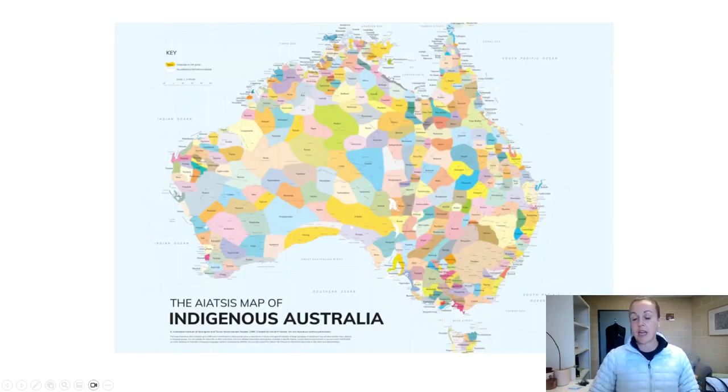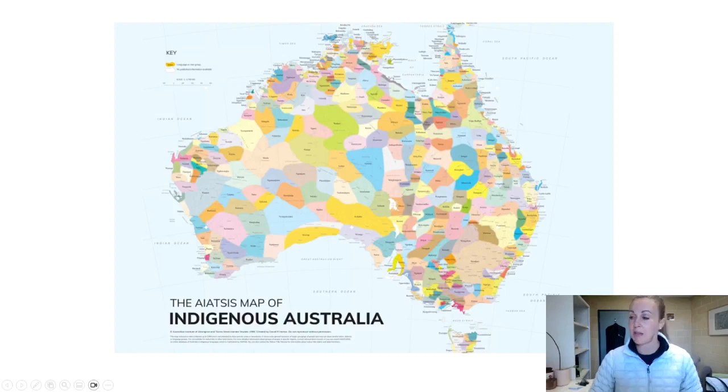Before colonizers came and started to call it Australia, this place we call Australia today was actually a composite of many different Indigenous nations. So it really is a very, very diverse country, and you can explore more about that map in this week's readings as well.